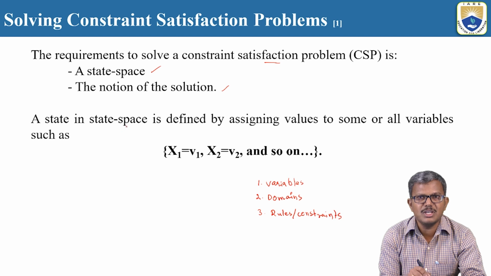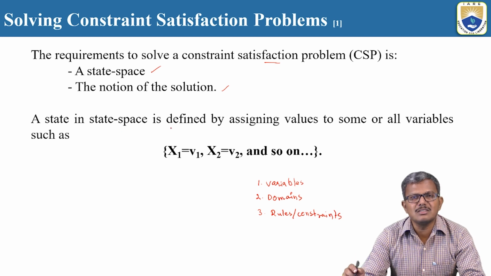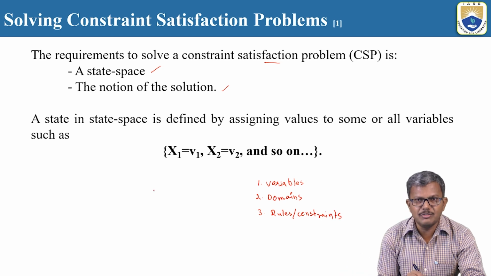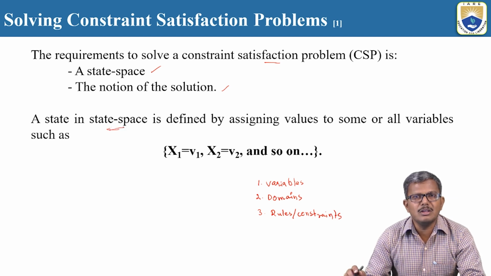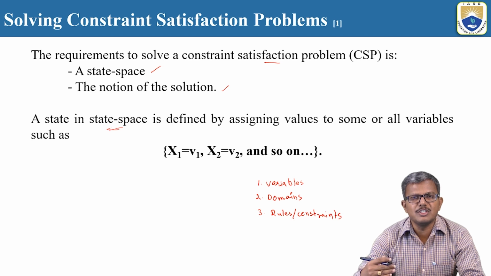A state space can be defined as the assignment of values to the variables. If there are certain variables, the values you are assigning to those variables are what the state space talks about. We need to understand the difference between state space and state space representation. State space representation is a graphical representation, where we show pictorially how we explore the problem to the solution state.